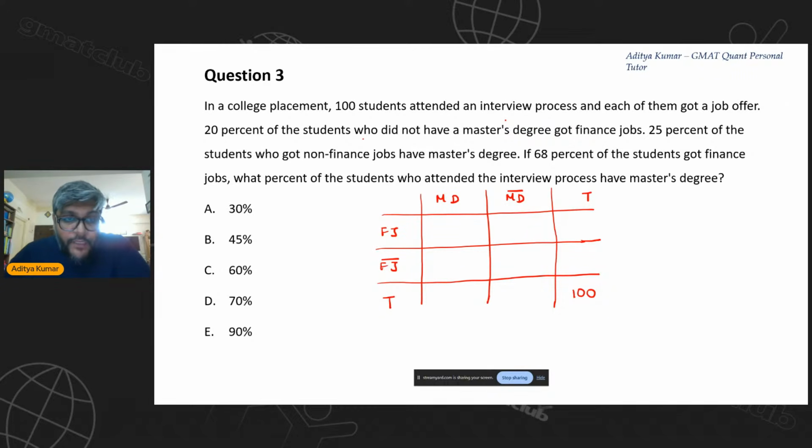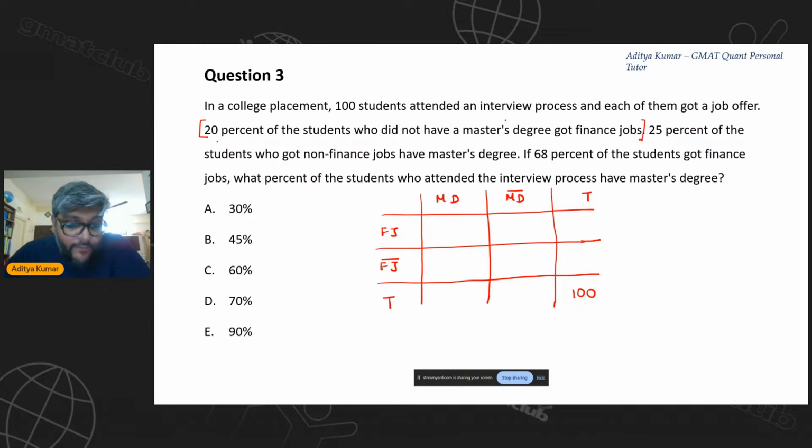20% of the students who did not have a master's degree got finance jobs. So I want you to break this information down. Normally, what test takers do is they rush through the reading of such a statement. They get confused on what you're taking the percentage of, right?